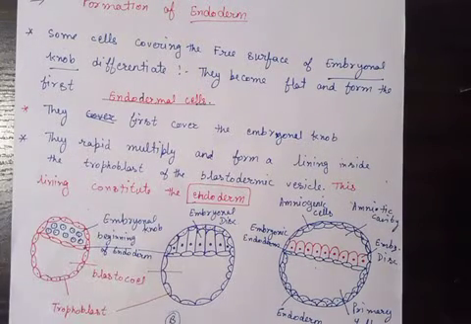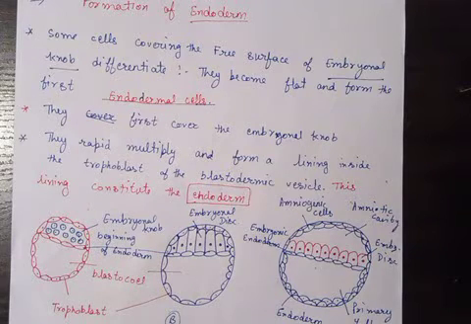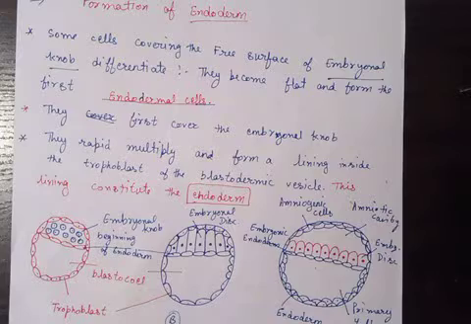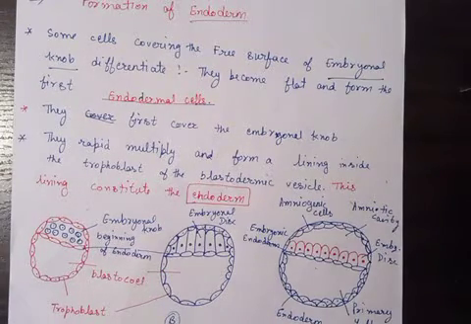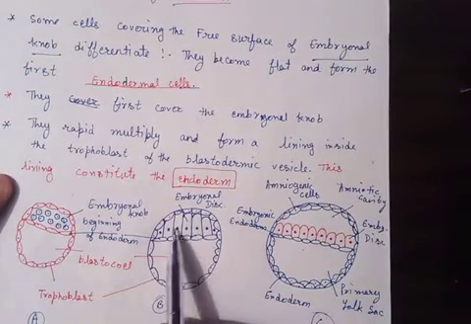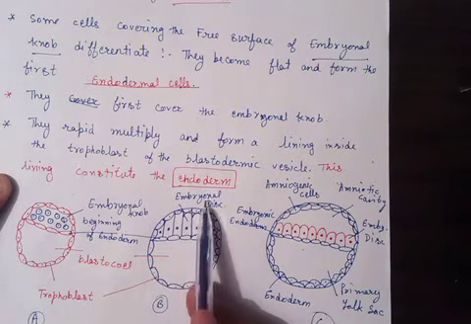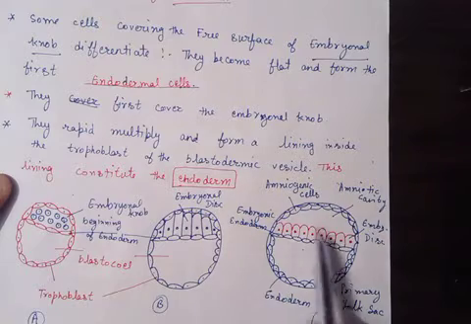They increase in size and form a lining inside the trophoblast of the blastodermic vesicle. The embryonal knob converts into the embryonal disc with flat columnar cells.